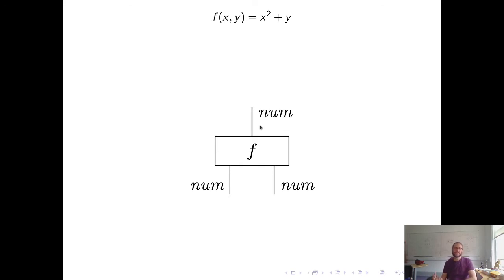Okay, and now I can imagine this thing as like a little machine that I can plug numbers into the bottom of, and numbers sort of spit out the top. So if I, for example, plug a 5 and a 1 into the bottom of this box f, then 26, so 5 squared is 25 plus 1 equals 26, pops out the top. Okay, so that's a process, a certain kind of process.